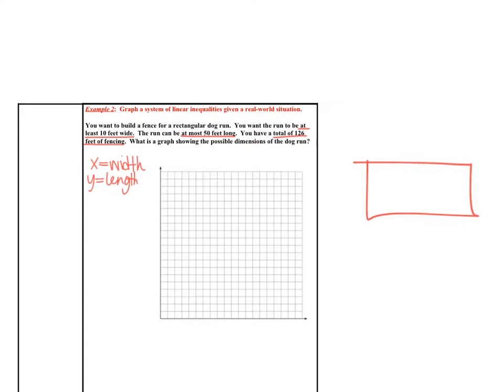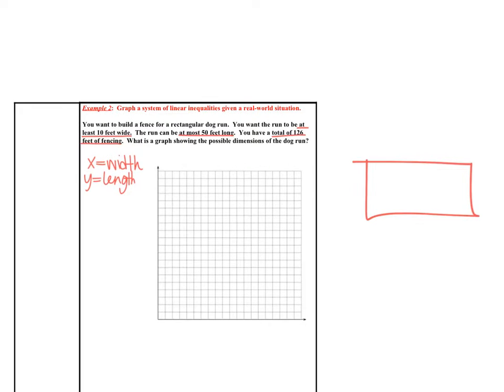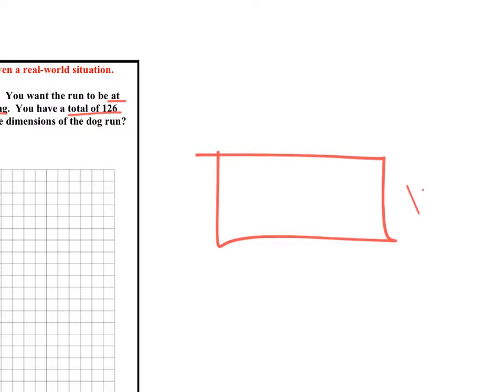So my little rectangle over here, I should label my width as x and my length as y. So there's two x's, the widths, and there's two y's for the lengths. So we have to build a fence all the way around. That would be the perimeter.